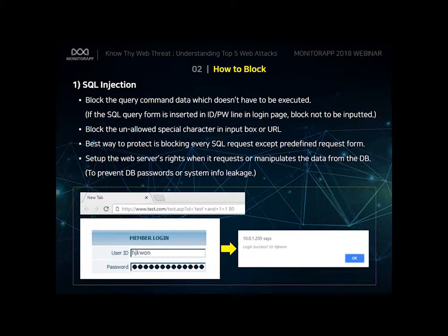For example, if a SQL query is entered on a login screen, you can restrict most attacks by limiting the input. Second, you can block special characters in URLs or input boxes, as special characters are used to complete the SQL injection. Thus, simply blocking the special characters can be a good way to defend against SQL injection.